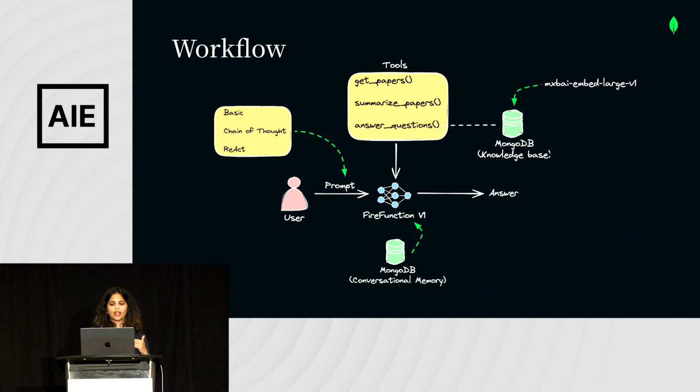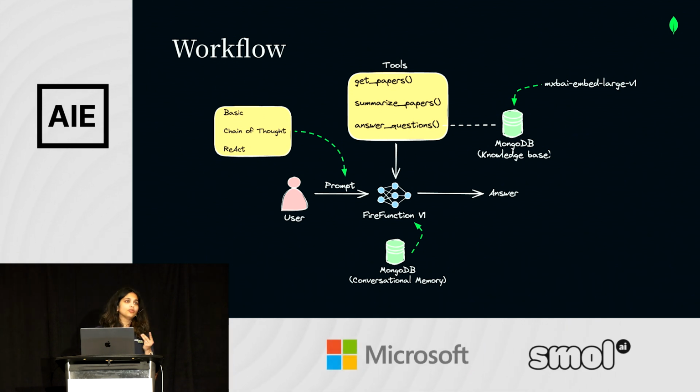We'll also give the agent access to three tools: one for getting paper summaries, one for getting a list of papers to read, and the third one being answering questions using a MongoDB knowledge base. And finally, we'll also explore adding short-term memory to the agent and persisting it to a database in MongoDB.